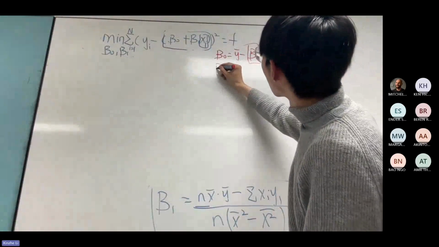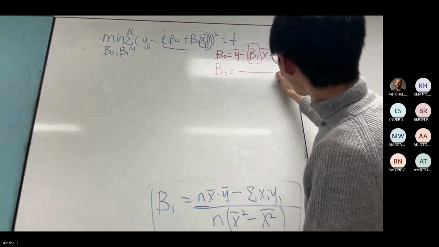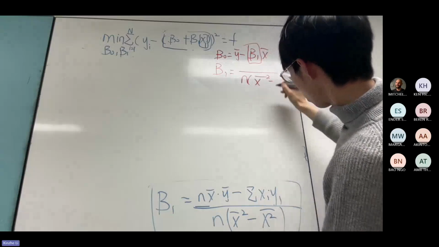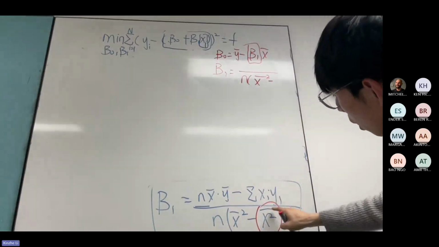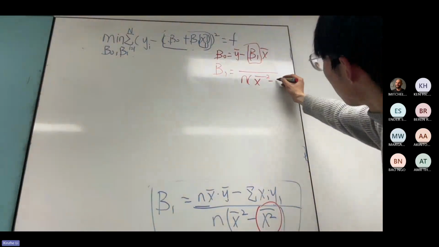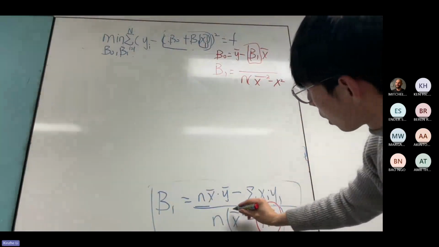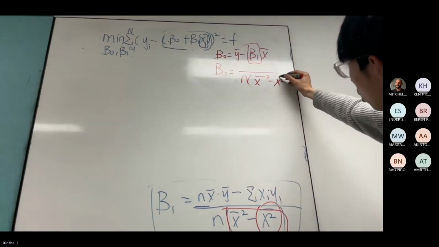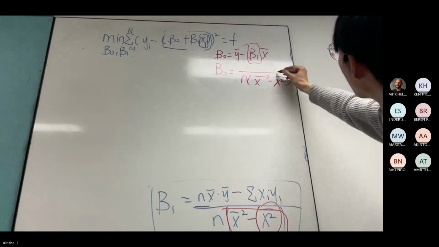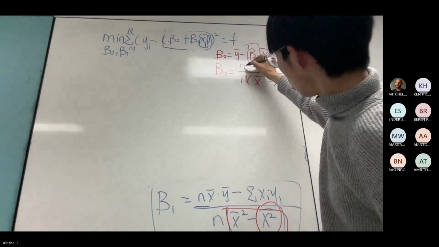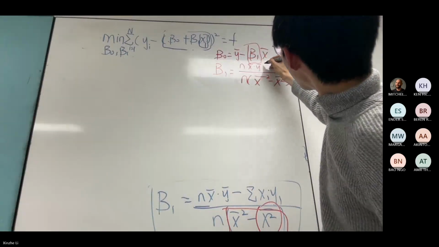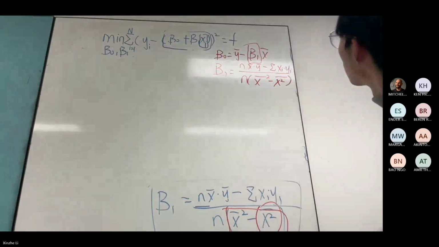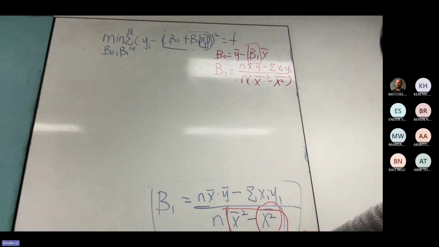Okay. Now we have beta 1. Actually, I still need to simplify it further because I have a x squared bar. I want to eliminate this. Can you think of what this is? Anyone know what this is?